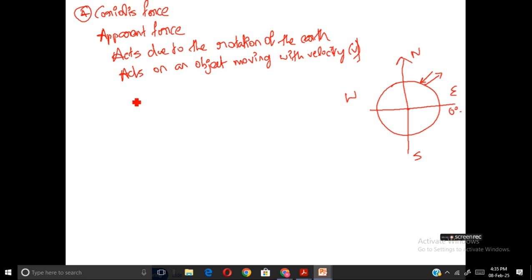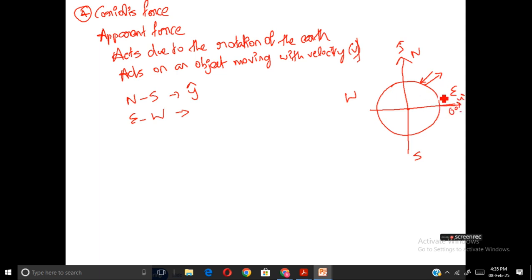The movement in the north-south direction is generally represented by y, the j cap direction. The east-west direction is generally the x direction, or i cap.